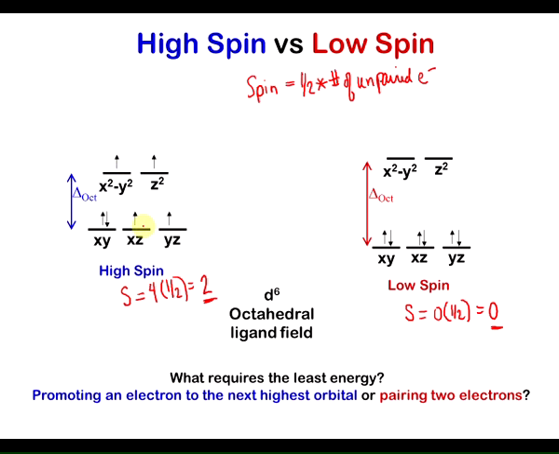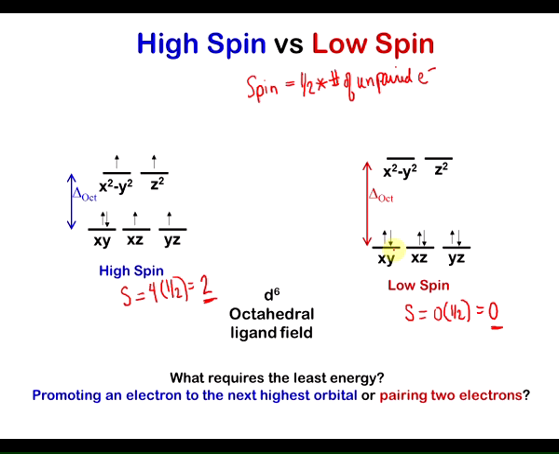But when we're looking at the low spin value, remember these are both a d6 arrangement, so both of these have 6 electrons. In the low spin case, it takes less energy to pair them up. Remember there are repulsions for putting 2 electrons in the same orbital.